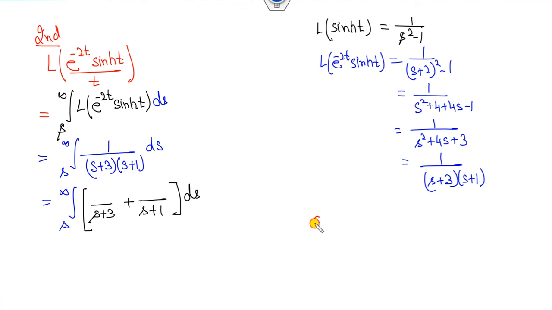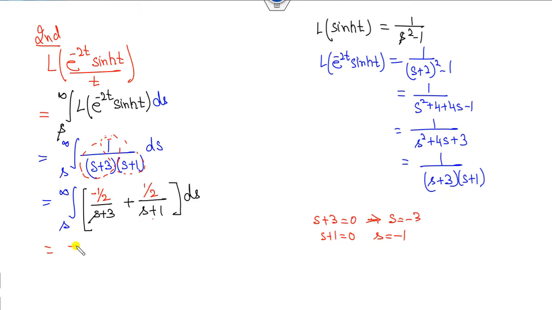I can substitute s plus 3 as 0, so s will be minus 3. I can substitute s is minus 3 in this value. So it is 1 over minus 2. Then for the second case, I can put s plus 1 as 0. You will get s is minus 1. I can substitute in this value. So it will be 1 over 2.